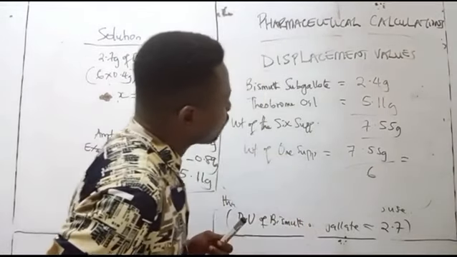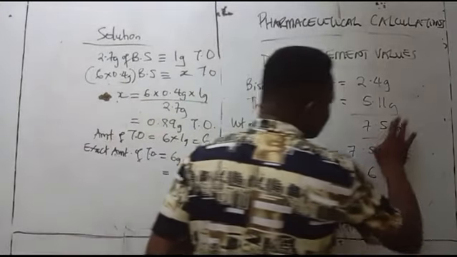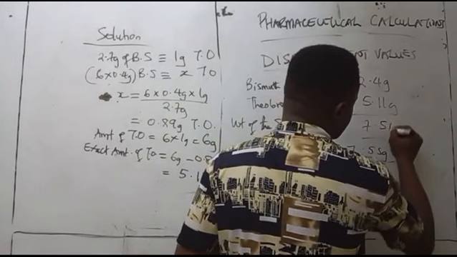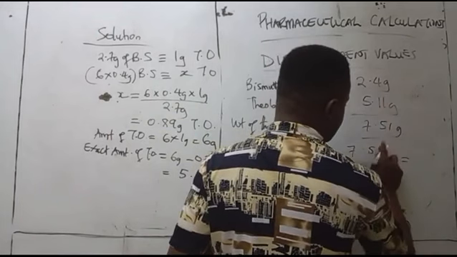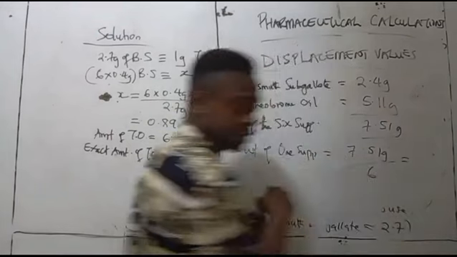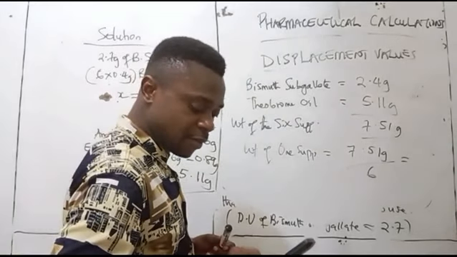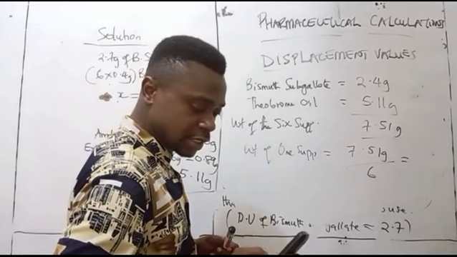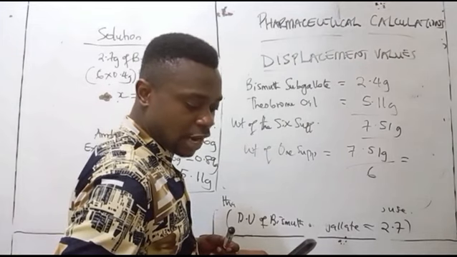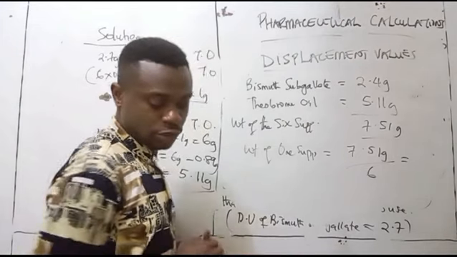Is it 55 or 51? What am I doing? Sorry. This is 51, not 55. If you bring down this one, it's 51. So 7.51 divided by 6 is around 1.25.